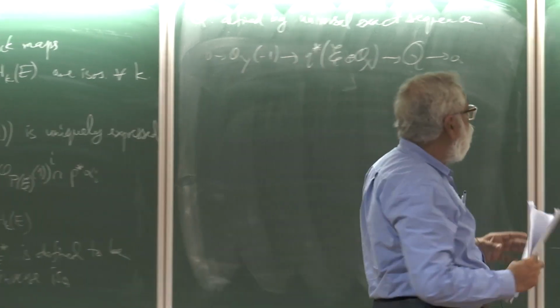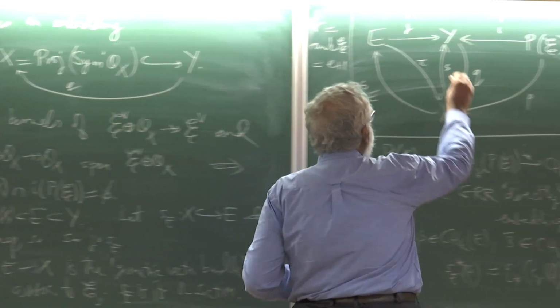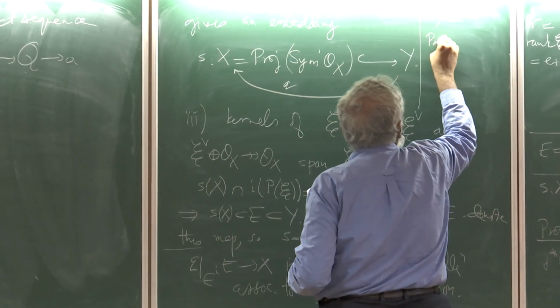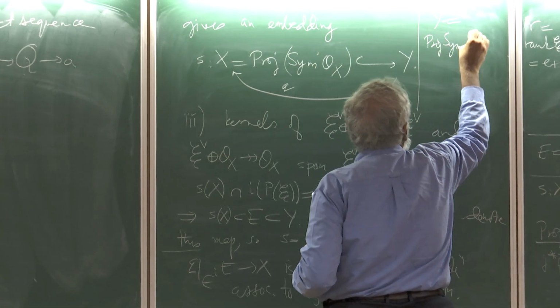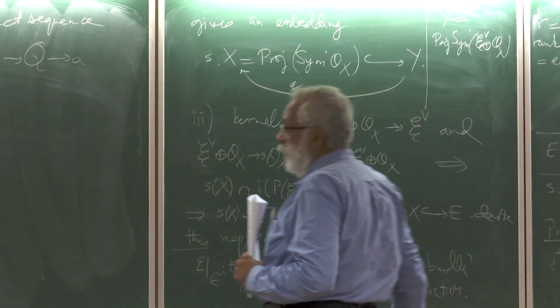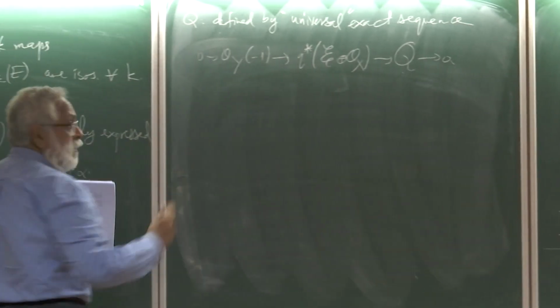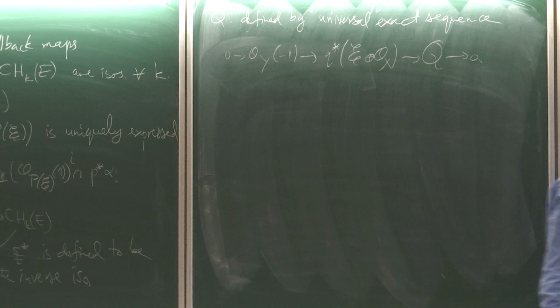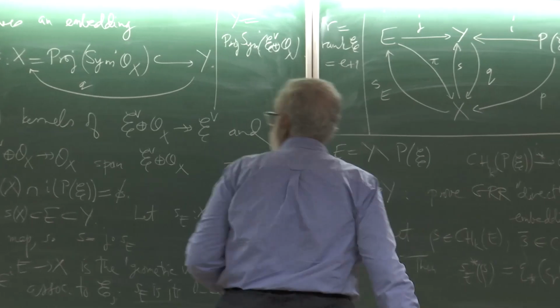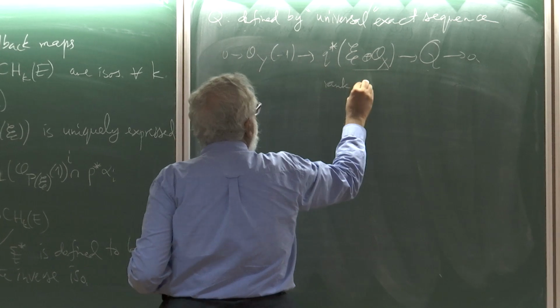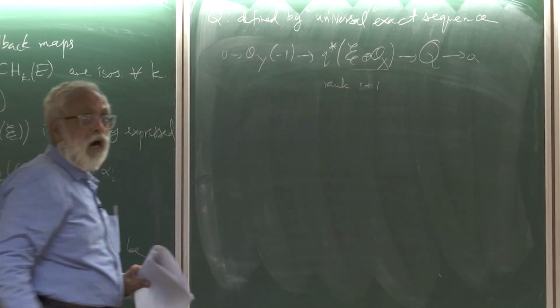So remember, Y was the topmost thing. Y was Proj of Sym of (E dual plus O). Right, so there is such a universal sequence on Y, and therefore I have this diagram. So now Q is a vector bundle on Y, and it has rank r in fact. This has rank r plus 1, and this has rank 1, so that has rank r.